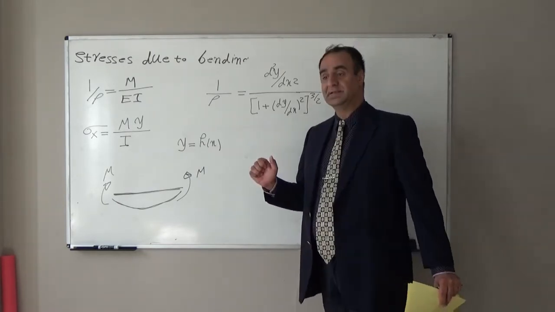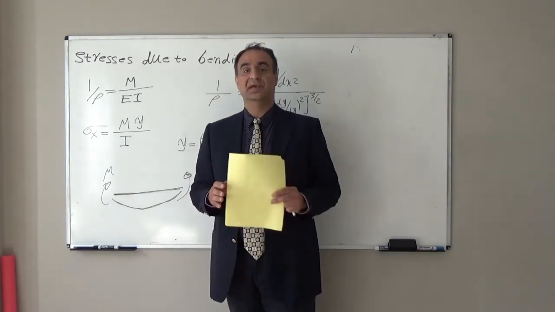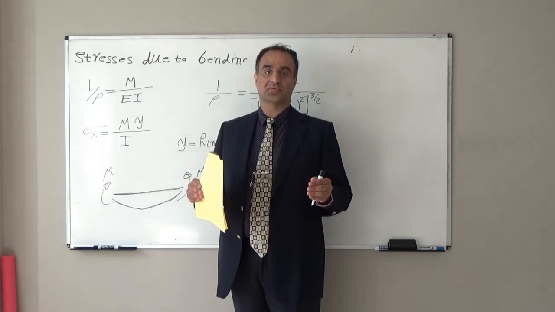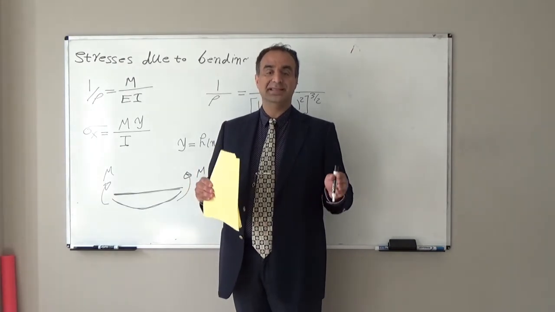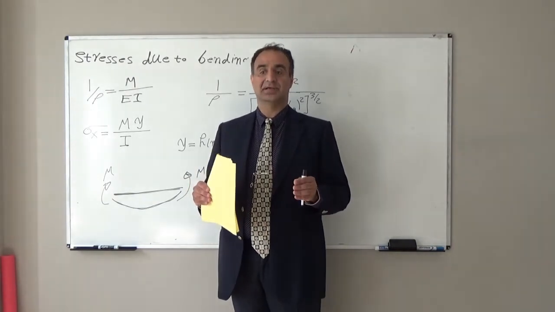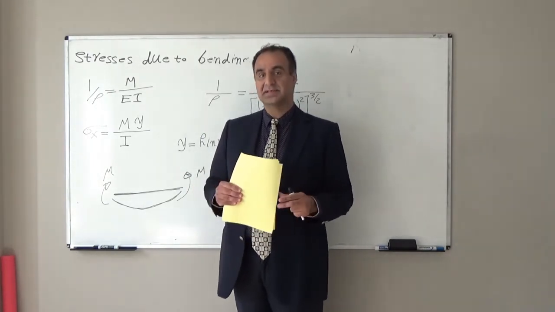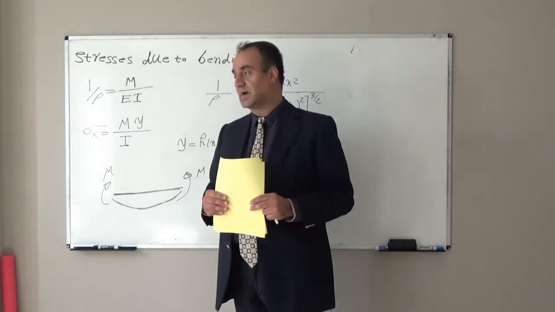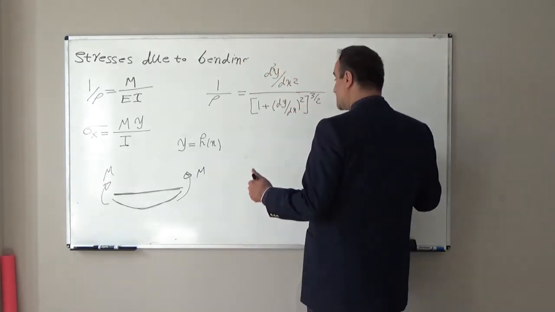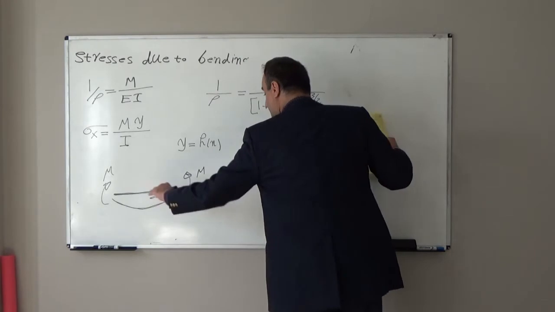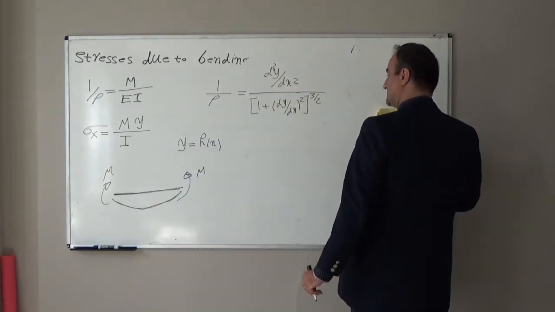Because here in mechanics of materials, we assume all materials obey Hooke's law. They are linear elastic materials, and they are in the elastic range. It means deformation is very small. In a small deformation range, dy over dx, which is the slope of this deformed beam, will be very small.